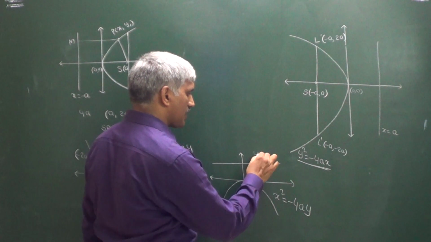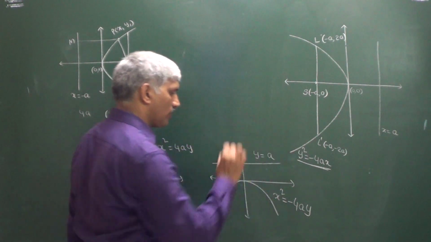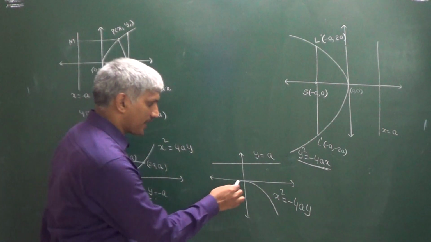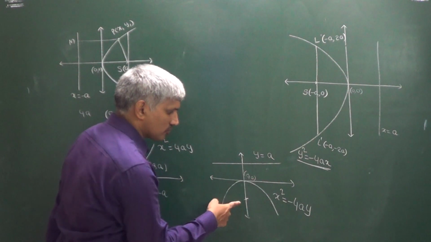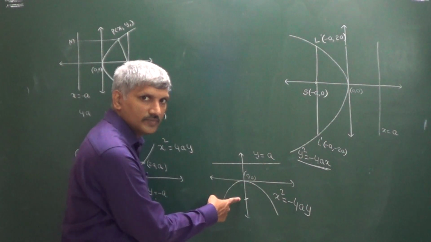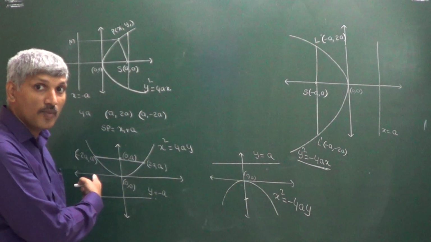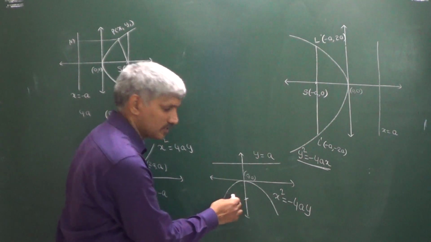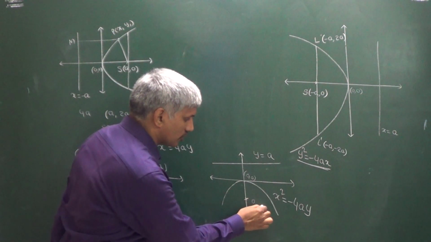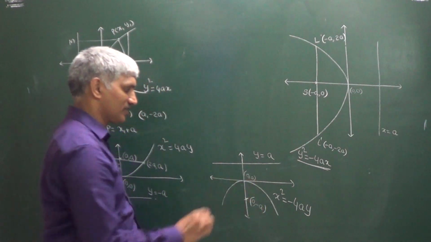The equation of this directrix is y is equal to a. No doubt the vertex is the same, 0 comma 0. Focus, come on, say the focus. Here the focus is on the negative side of the y-axis. That's why the focus is 0 comma minus a.